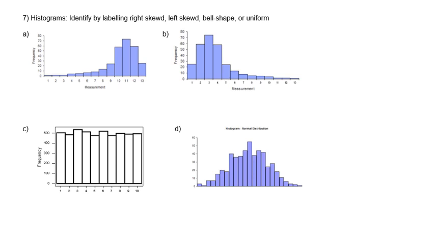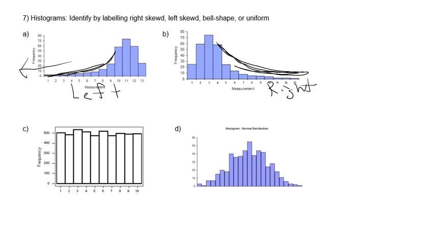All right, we have a tail here, and it's on the left-hand side, so that is left skewed. If you look at B, we have a single tail to the right side. This is right skewed. For C, if you kind of draw a line, it is almost a straight line. When you have a horizontal line, or it's very close to being a horizontal line, we call that uniform.